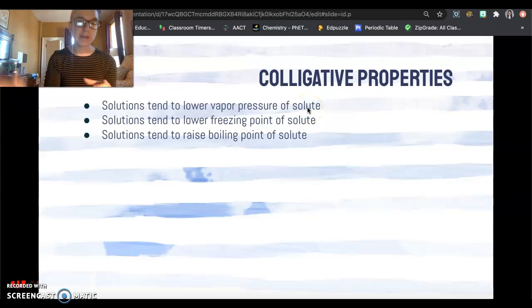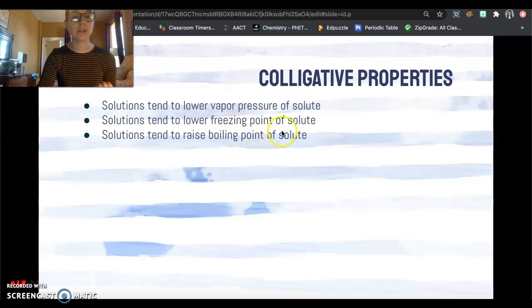So if you have water and you add salt, the vapor pressure of water is reduced because those water molecules that would be escaping into the gaseous phase are attracted to these ions that are released into the solution. So it's kind of like those water molecules that would escape are distracted, so they stay in solution, which means there's lower vapor pressure. Fewer molecules are going out into the gaseous phase.